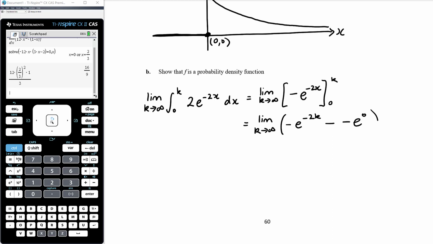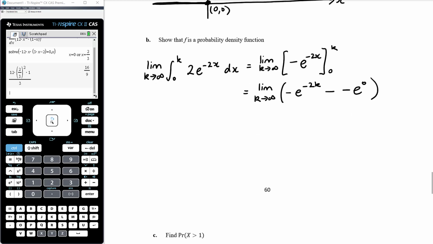And again, this is where I always do the 0 substitution, because that's not 0, that's 1. Okay, so limit as k approaches infinity of negative e to the negative 2k. I might write that as negative 1 over e to the 2k. Just helps me think through the limit. And then that's going to be plus an e to the 0 is 1.